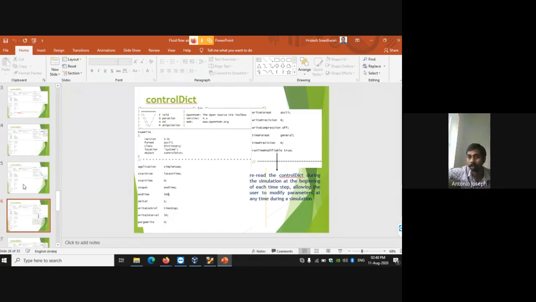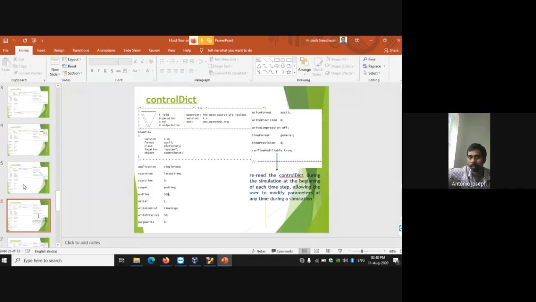Within fractions of a second, there will be a lot of things happening. So sometimes the Courant number goes on increasing. In order to reduce the value of the Courant number, we want to reduce the time interval. That can be given as 0.1 or 0.01.